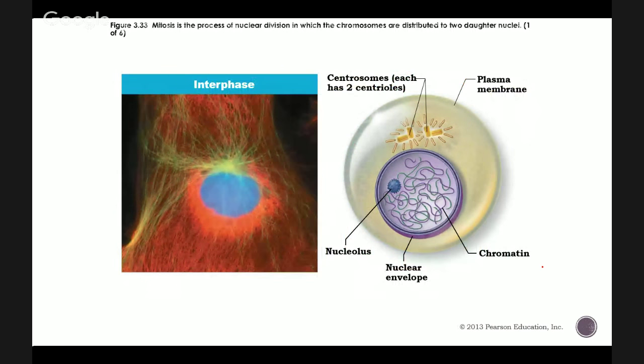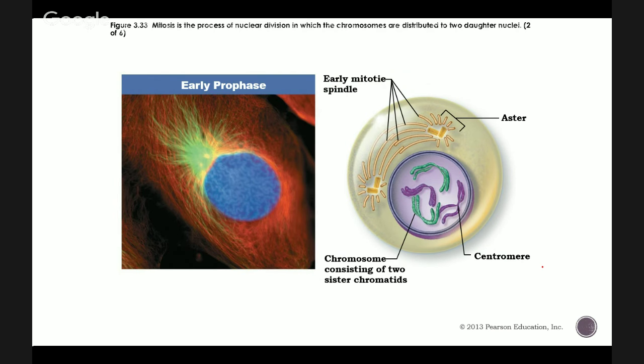Before we get into the cell dividing readiness phase, like I said before, the DNA is just unwound, it's hanging out in the nucleus, okay? So when we start getting ready to divide, the DNA is going to condense into chromosomes.